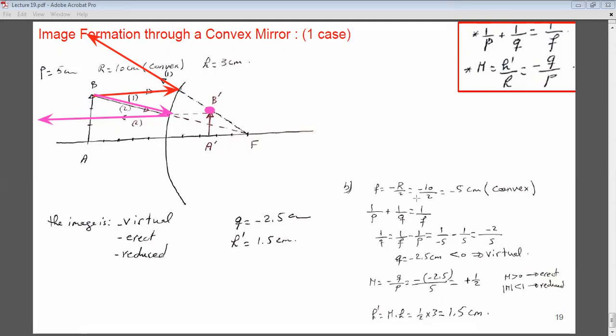F is minus 5. Then I get Q is minus 2.5 centimeter because it's negative, implies it's virtual. M is minus Q over P, so it is half. Since it is positive, it is erect. Since it is less than 1, it is reduced. And H prime is M times H, that is half times 3, and it is 1.5 centimeter.